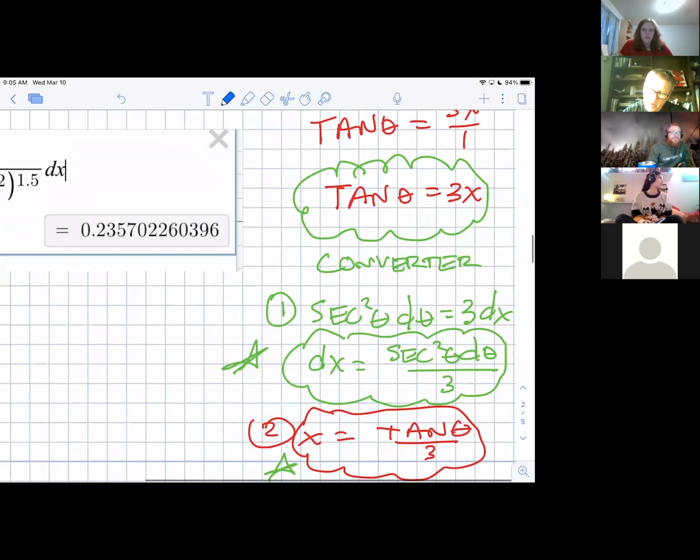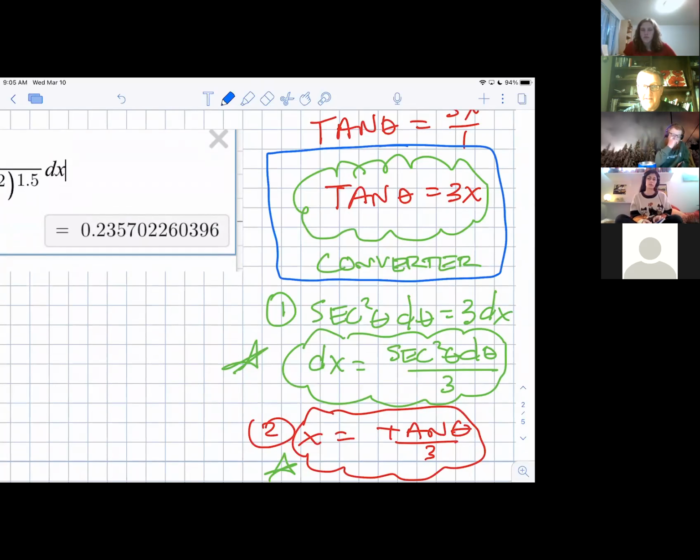That's why this is such a powerful concept and why I put a cloud around it. That's my converter between the two worlds. So if X is 1/3 and you throw 1/3 in there, then don't you get 3 times 1/3 is 1? So I get tangent of theta equals 1. And so now I have to figure out what value for theta. Okay, that makes way more sense. Thank you.